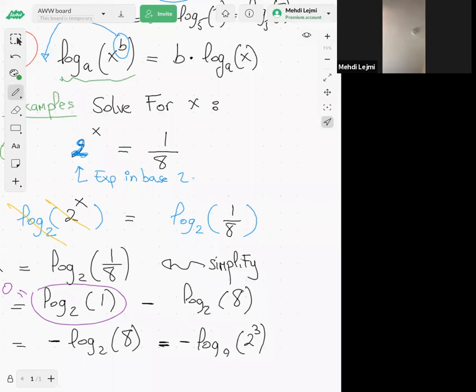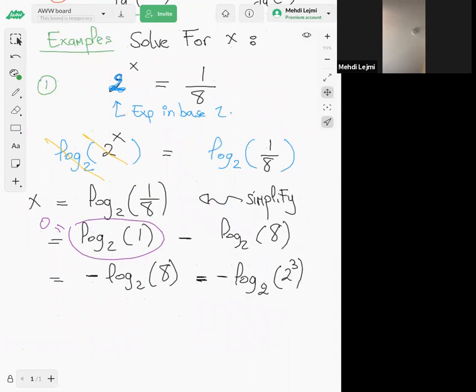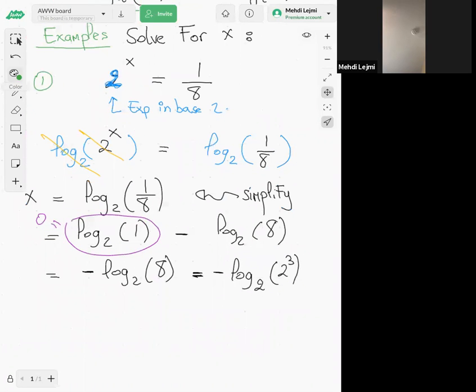So here I have log of 2 cubed, so I can bring this 3 down in front of the log. There is a minus, and there is my 3 times my log in base 2 of 2.